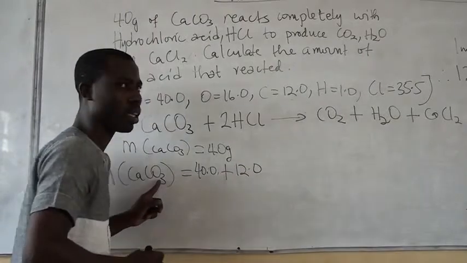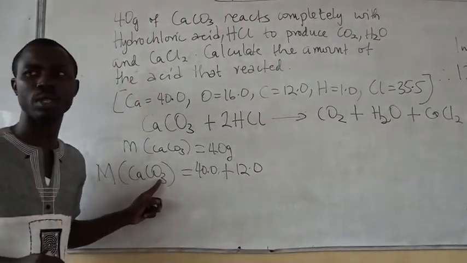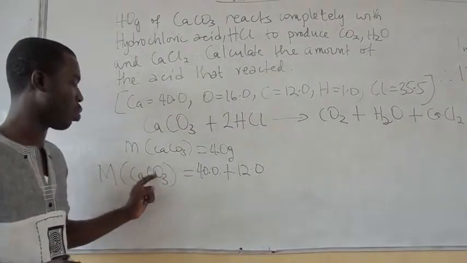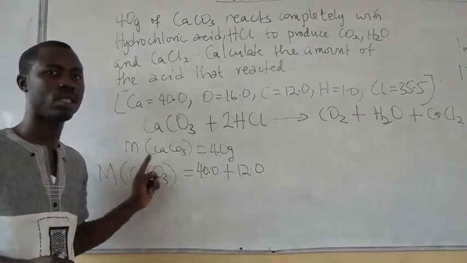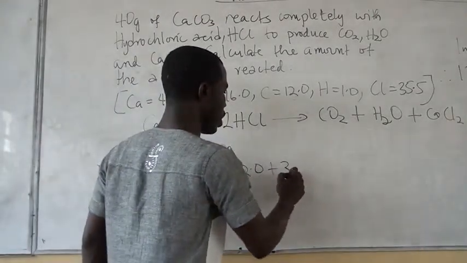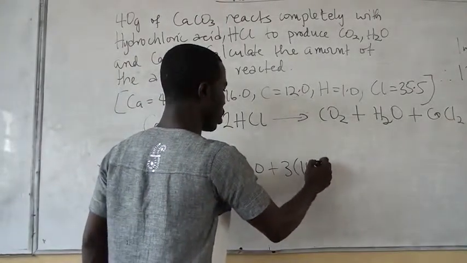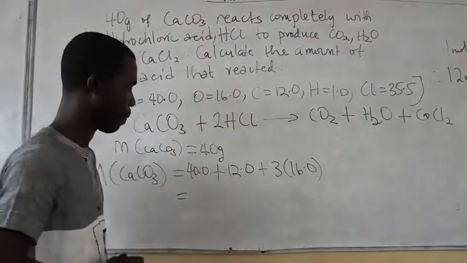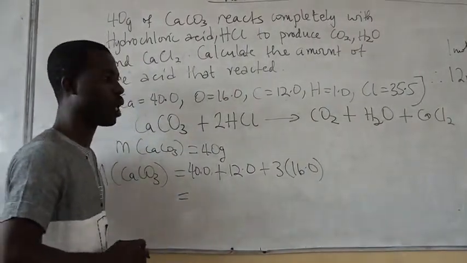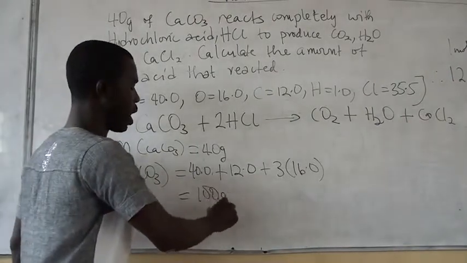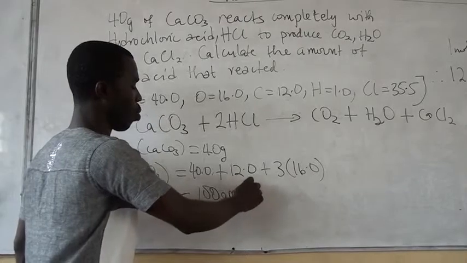Then oxygen. How many oxygen atoms? There are 3 oxygen atoms. So each oxygen atom is 16 times 3. So you're going to have plus 3 times 16. When we do our calculation, we'll end up with 100 grams per mole.